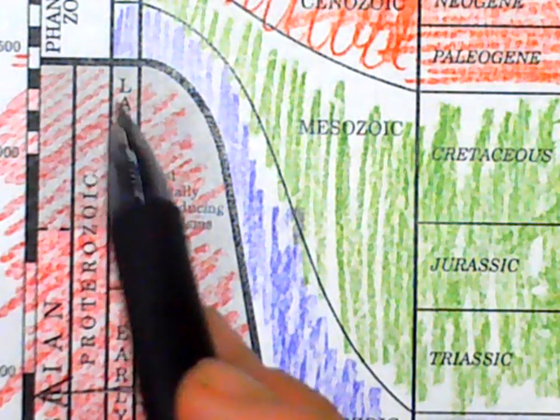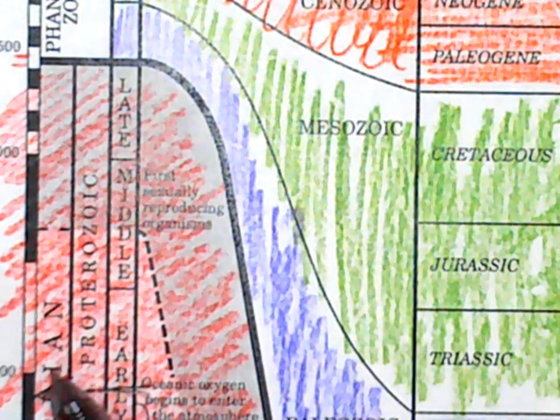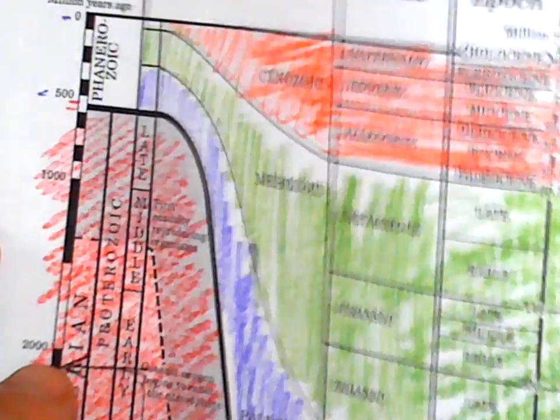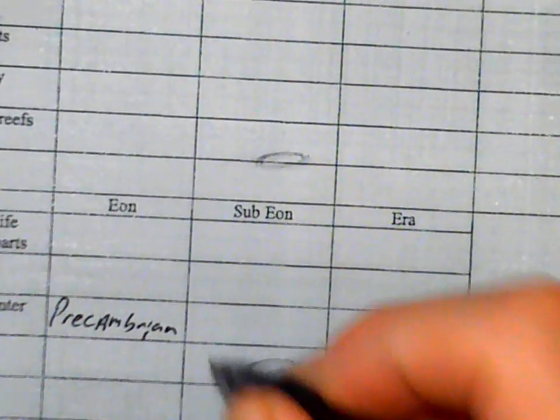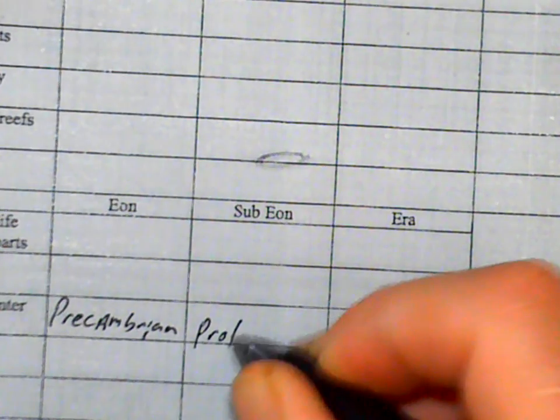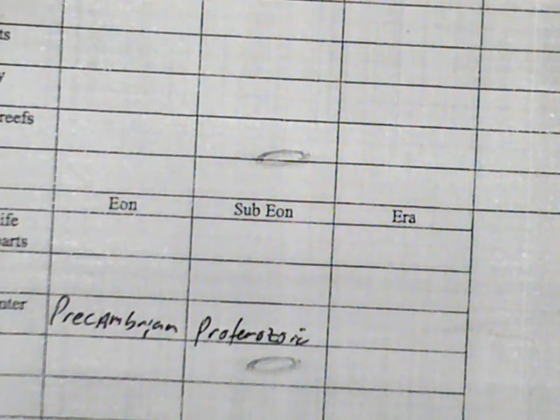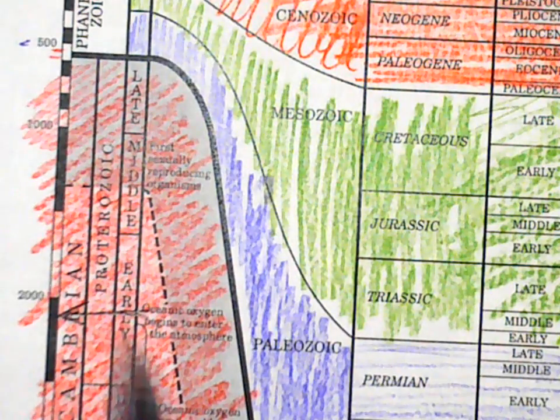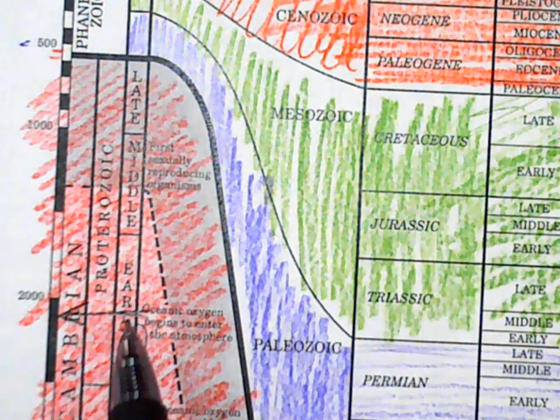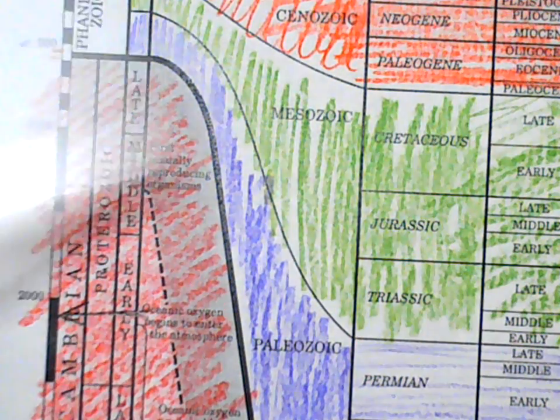From the video I did on the explanation, you have the eon and sub-eon, okay? And my sub-eon is Proterozoic. Okay, hopefully you watched the notes video and that makes sense. And finally, what is my era? Well, it's in the early. So I would say the early Proterozoic Precambrian is how I'd read it.